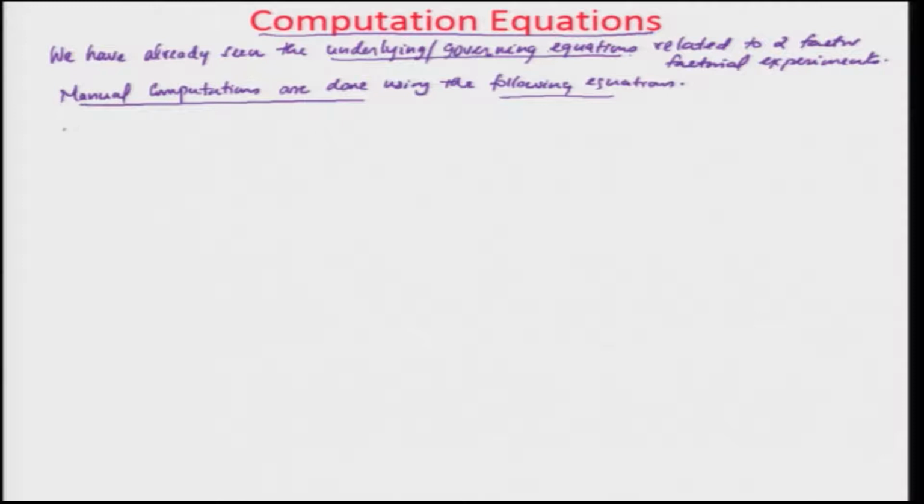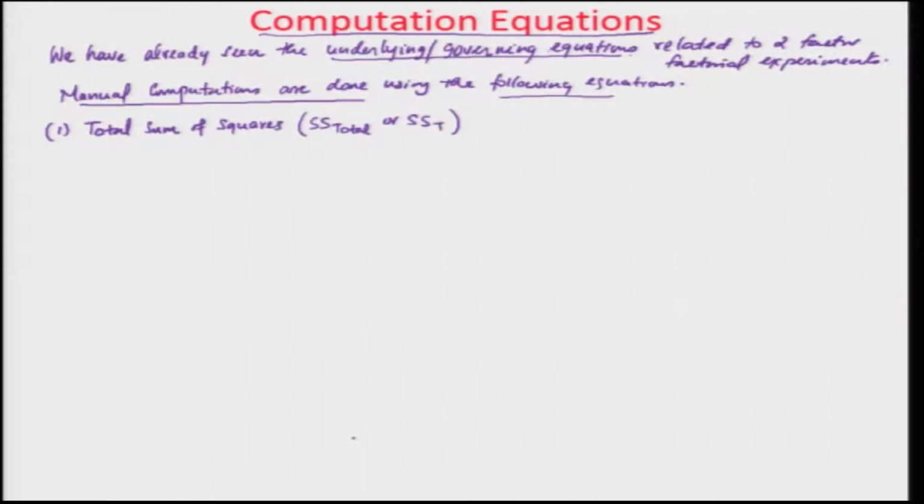So, the first equation, part number 1, is the total sum of squares. It is also written as sum of squares of total, or SST. Okay.